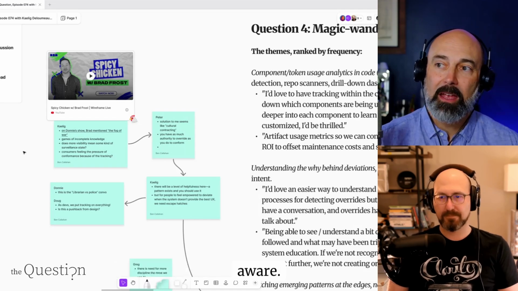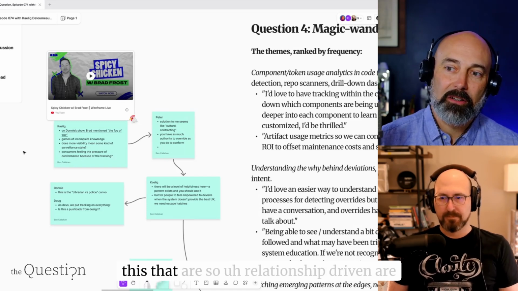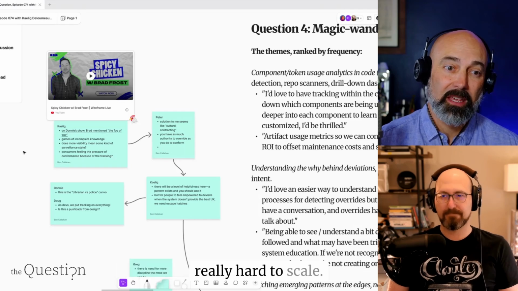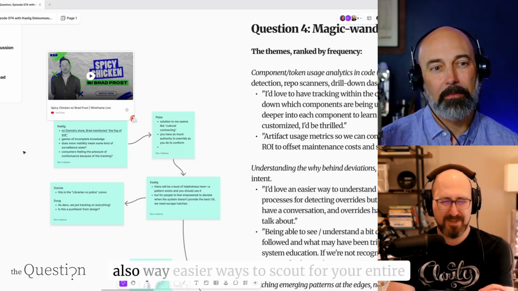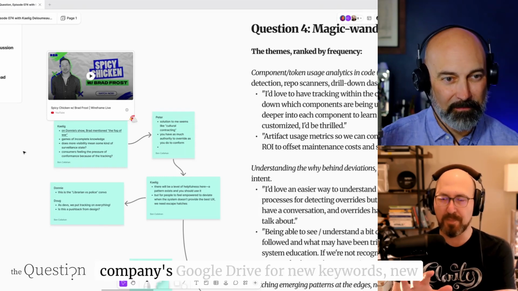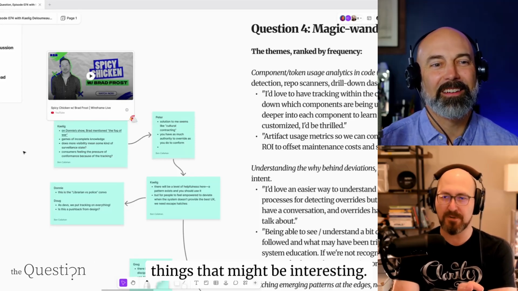It's tricky because processes like this that are so relationship driven are really hard to scale. There's also way easier ways to scout your entire company's Google Drive for new keywords, new things that might be interesting.